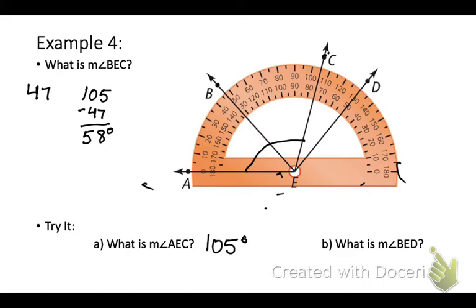What about BED? Well, that one doesn't, so I need to know where B crosses and where D crosses. Where does B cross again? 47. And where does D cross? 130.